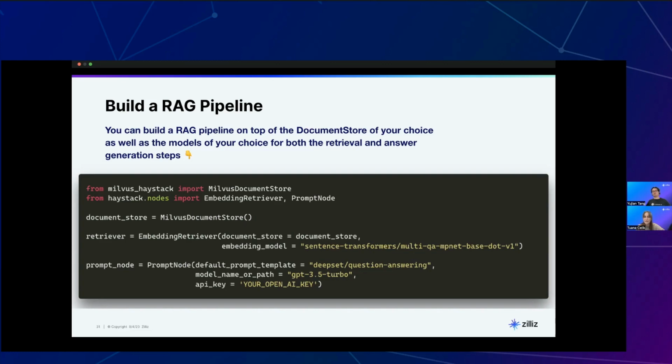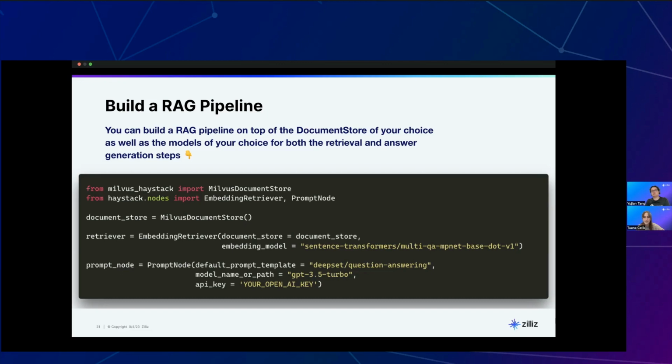You can have a look at the Haystack integrations page to see all the rest as well. But it's super easy to get going. You just say document store is Milvus document store. This will set it up with all of the default parameters if you have Milvus running locally. And this means whatever data documents I have in the local Milvus database, I now have access to.